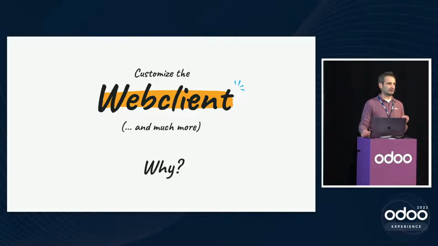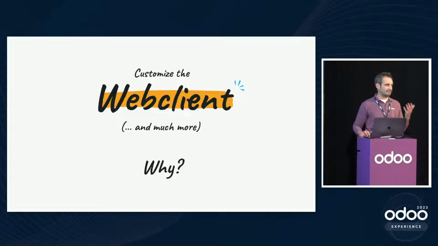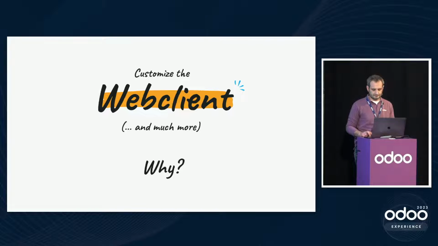If you are coding for a client that works on tablets in a very difficult light environment, you need to increase the contrast, for example. Another reason may be accessibility, if you have to target a specific audience. Or maybe just because you want to learn how Odoo works.